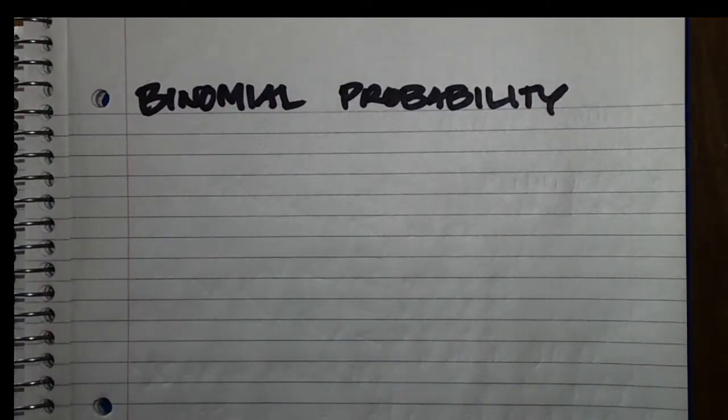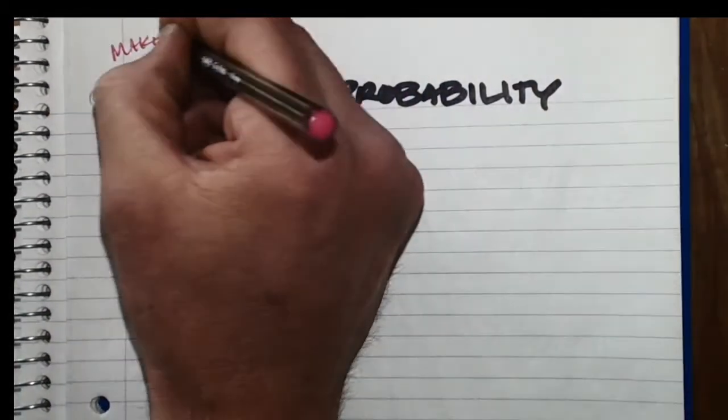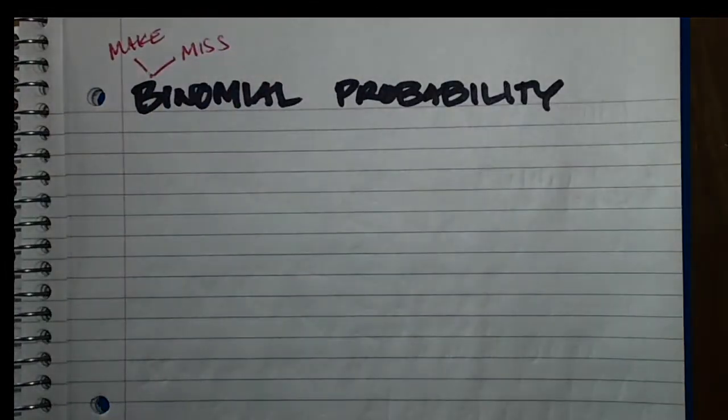If you have a problem like the one with the socks where you have red, green, blue, this doesn't work. It only works with two things, thus the name binomial. So the two things in this problem are making and missing, or hit and miss, or whatever the two things are, but they have to be opposites. Binomial probability.